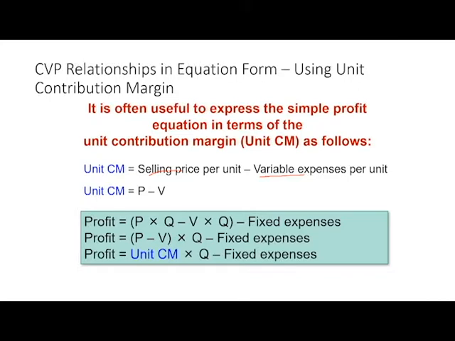We have a few approaches, including the CM per unit approach. You can use any method that is easy for you to find the CM, the profit, or the break-even point of the company.